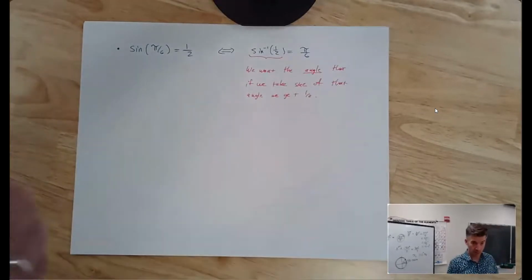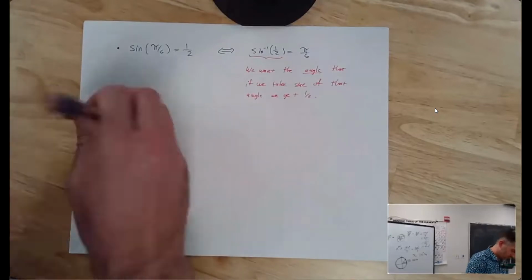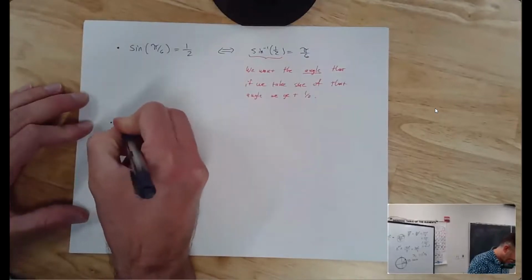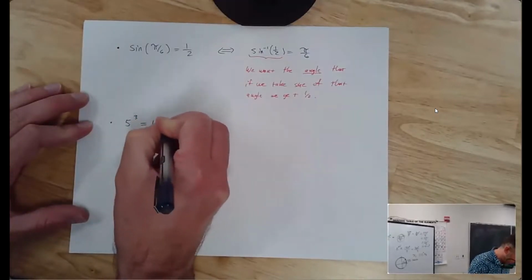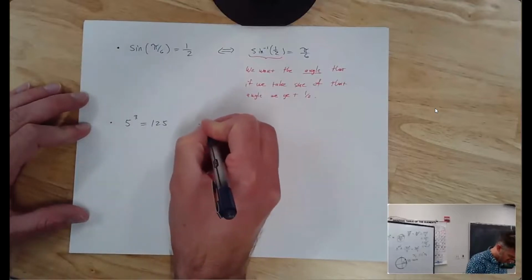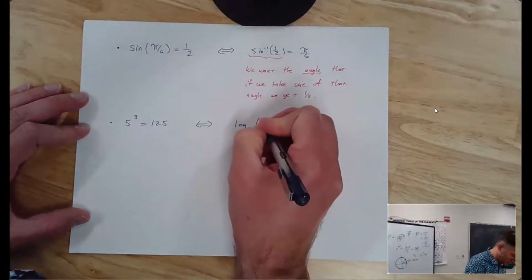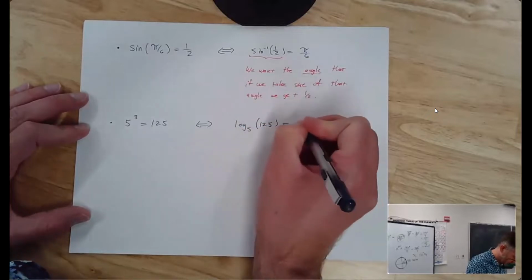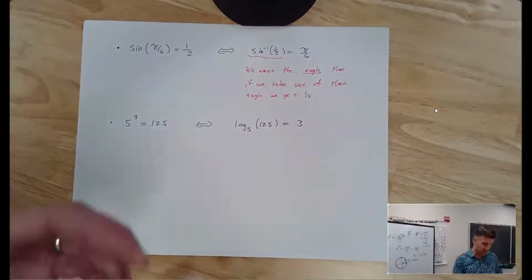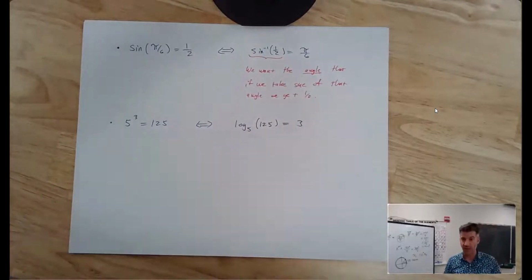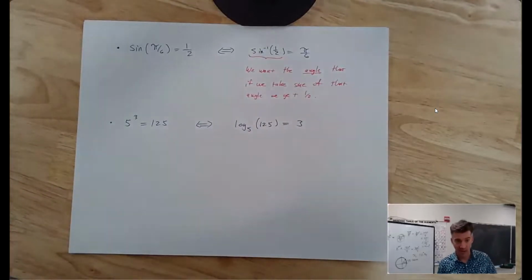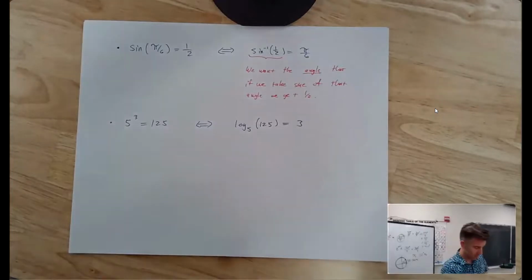The same thing is true with exponential and logarithmic expressions, right? Writing 5 to the third power equals 125 is equivalent to saying, oh, log base 5 of 125 is equal to 3. Because just like the inverse sine of a number, you're trying to find the angle that if you took sine of that, you get the number.